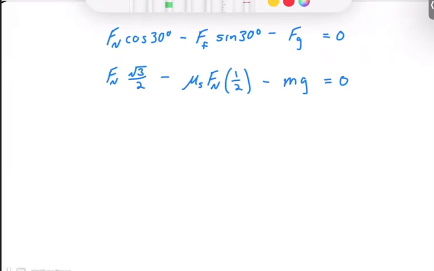I've got Fn in the first two terms, so I can factor that out. It gives me Fn and root 3 over 2 minus mu s over 2. That's just multiplying mu s by 1/2. And I can take the mg to the other side or add mg to both sides.